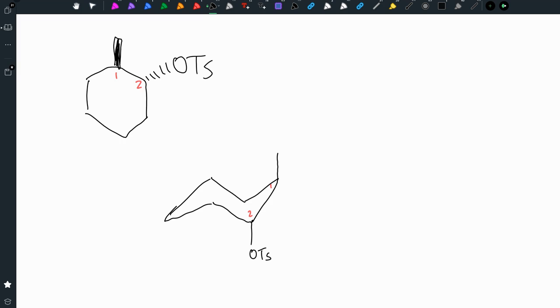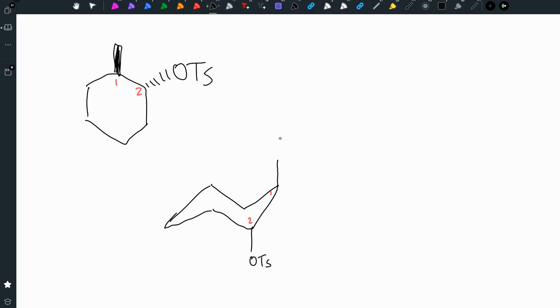Now, you may remember when we talked about the E2 reaction that the hydrogen and the leaving group need to be across from each other. Notice here I have a CH3 group on carbon 1 across from the leaving group. So that means the only place I'm going to be able to go to get a hydrogen to remove that's across from the leaving group is over here on carbon 3.